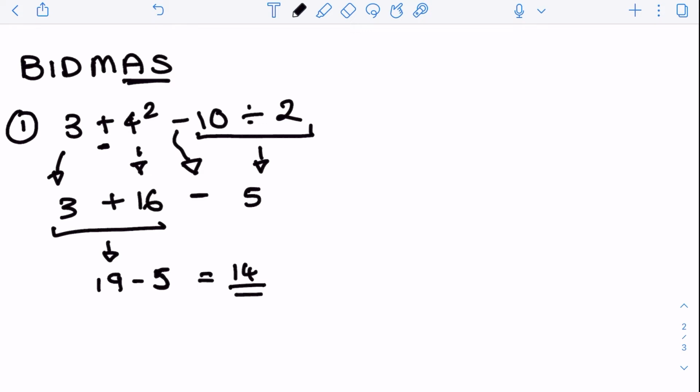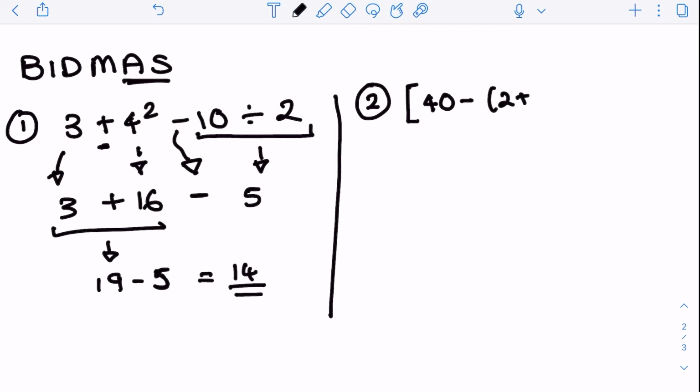Okay. Now, if we look at a little bit more of a complex example, this time involving brackets, we're going to have 40, not a plus, sorry, a minus, 2 plus 4 squared, all multiplied by 2, okay?